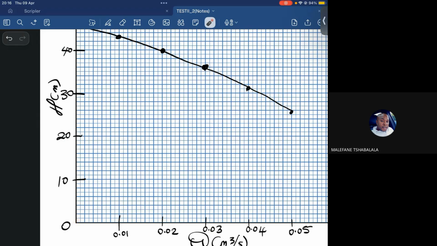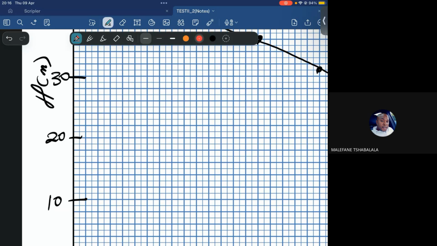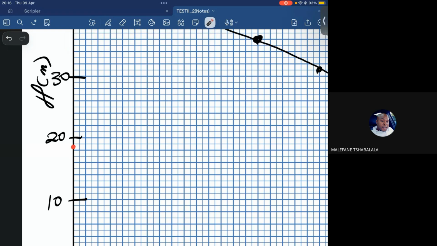This is 20, this is 18, and this means that this is 19. So our first point of the system curve will be somewhere here, in between 18 and 19, 18.5.